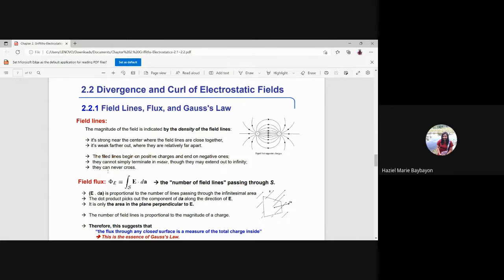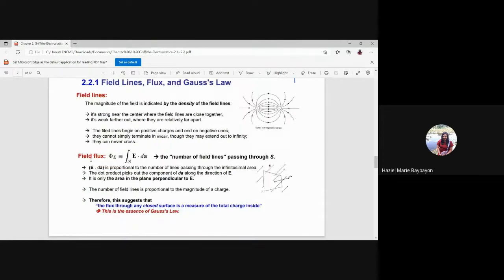And also, they can never cross. So these are the properties of electric field lines. They can never cross, they cannot simply terminate in midair, and they can extend to infinity. Okay? Now, we define the electric flux.